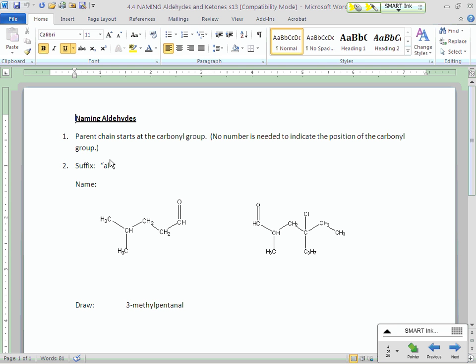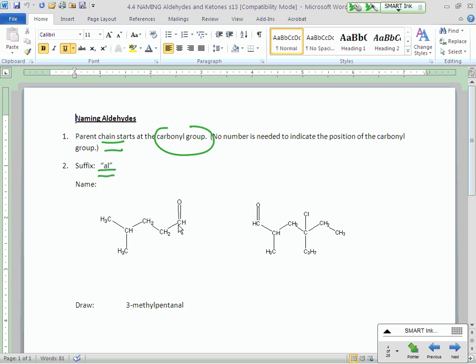We don't need anything fancy like we had with the ethers, like some methoxy or something crazy like that. So the carbonyl group has to be in the chain. And actually, because it's on the end, it always starts the chain. And instead of ol, we give it al as the ending. So instead of pentanol, you could have pentanal.